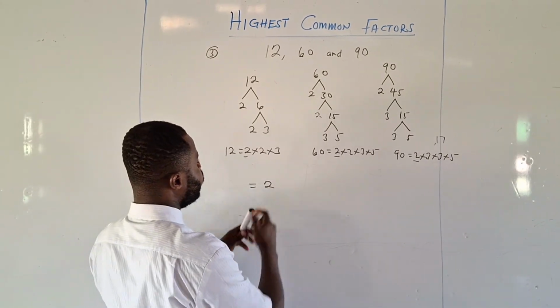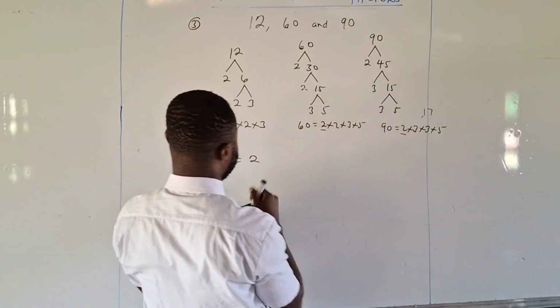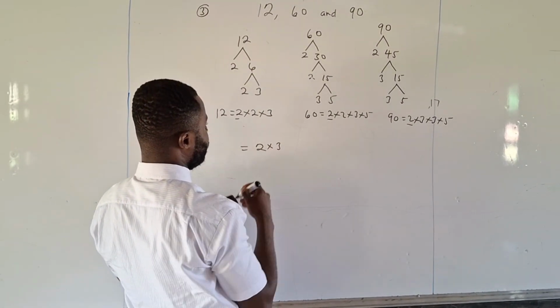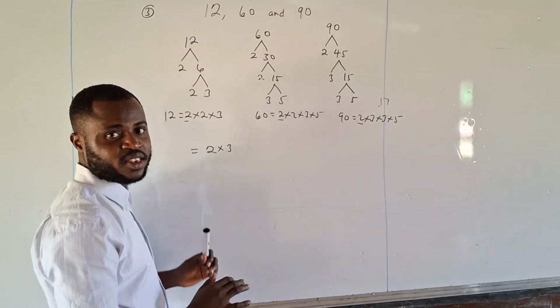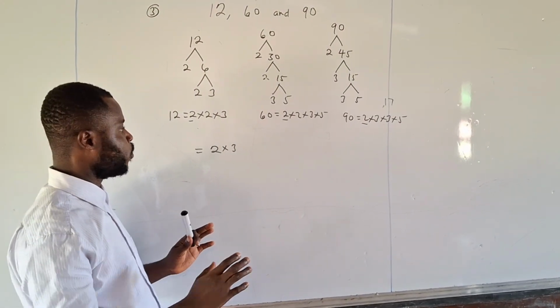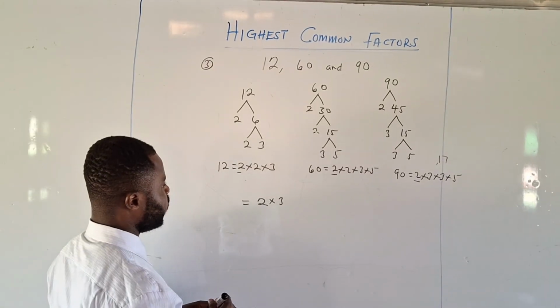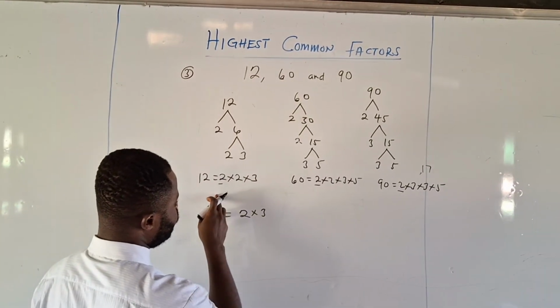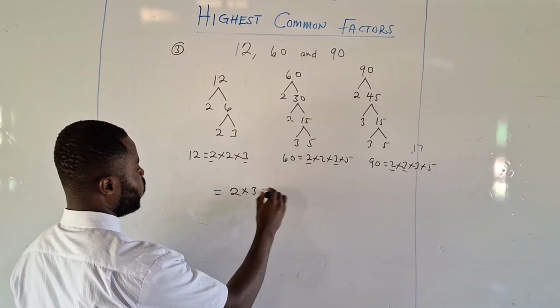So now we quickly move to the 3. 3, 1 is here, 1 is here, then there's another one. So we can also use the 3. Now when you look here, there's 5 here, there's 5 here, there is no 5 here. So we can't say they are common. So we don't pick them. You can see we are done. So the common ones, we pick 2, we pick 3. So this one will give us 6.